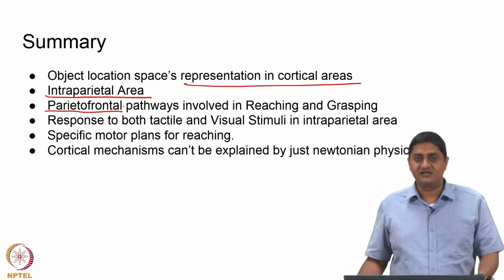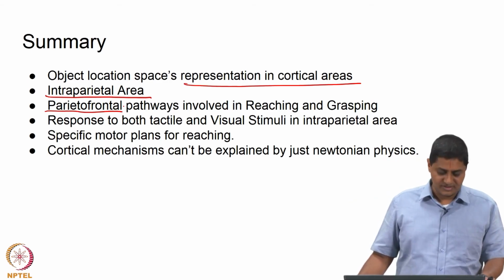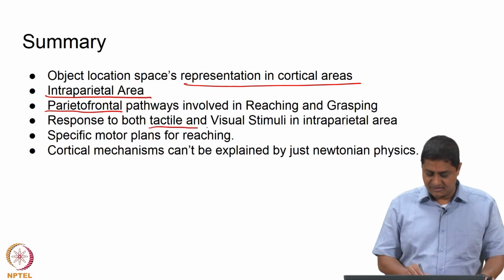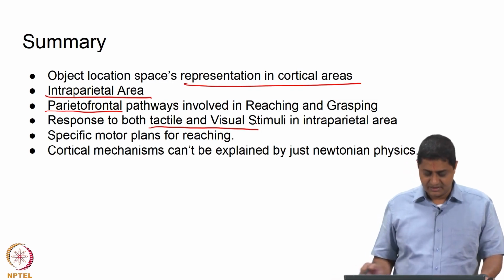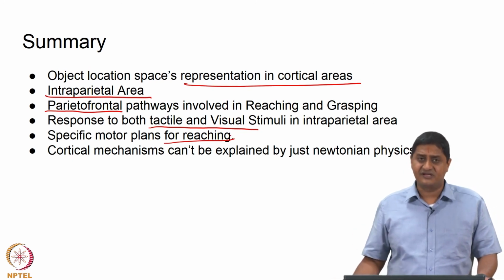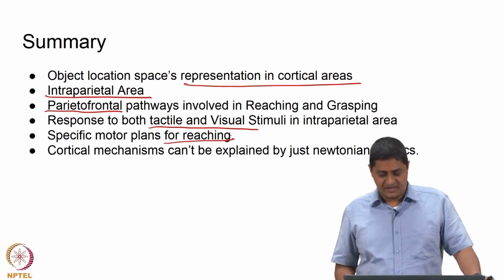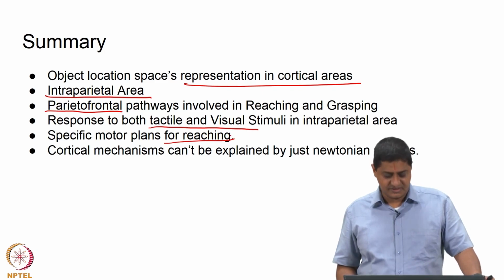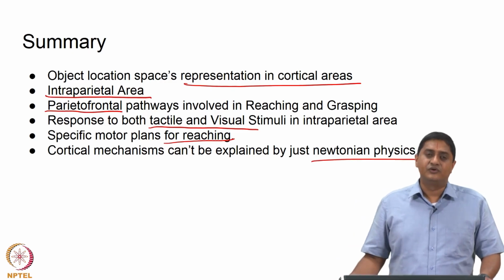We also said there are special neurons in area F1 that are dedicated to hand to mouth movements, and there are sets of neurons that independently encode tactile and visual stimuli in the intraparietal areas. And the direction of gaze, for example, the parietal region encodes plans in a direction of gaze based coordinate system, right, and cortical mechanisms cannot be explained by using Newtonian physics.